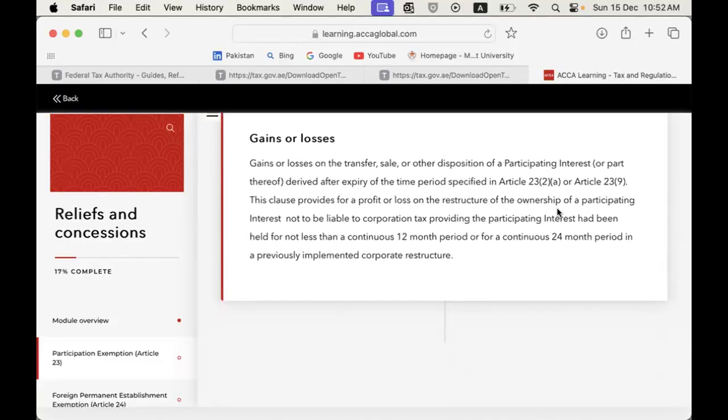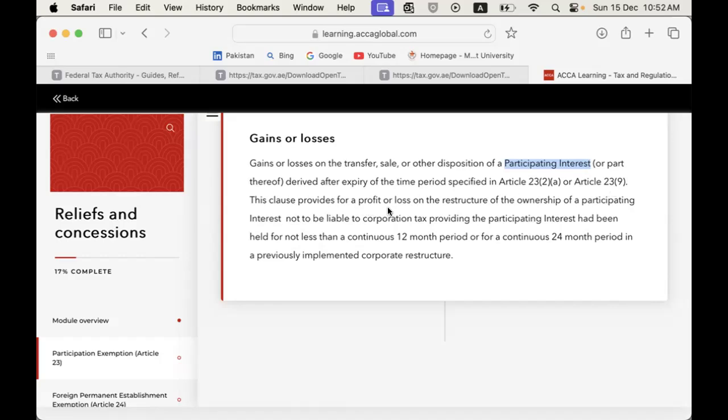So gains and losses on transfer, sale, or other disposition of a participating interest. Now, this word participating interest refers to shareholding. Easy words: shareholding, holding of ownership, derived after expiry of the time period specified in Article 23(2) or 23(9).